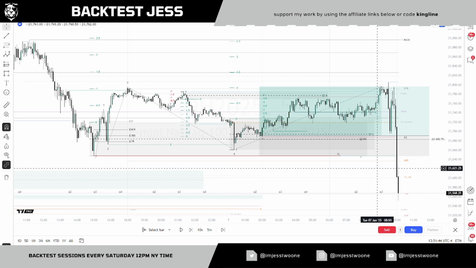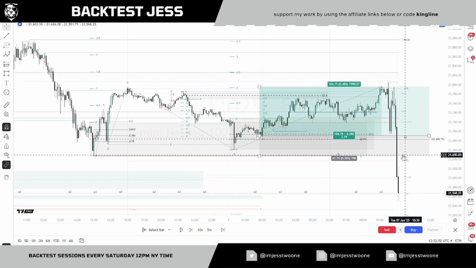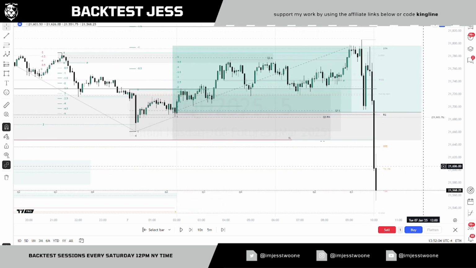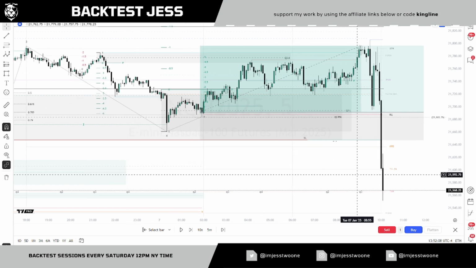Narrative to be mechanical is hard, in my opinion. The only mechanical narrative that I have is daily closures for bias, and then candle closures for continuation, which I just showed you.